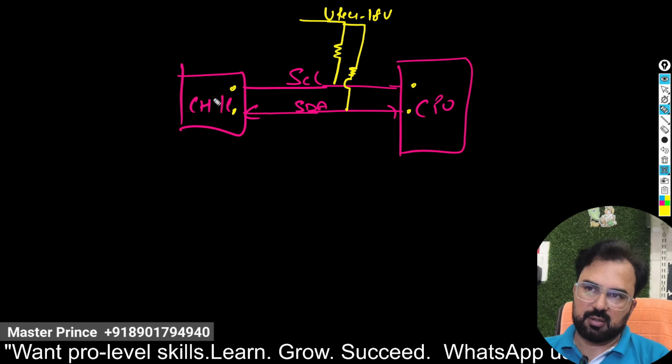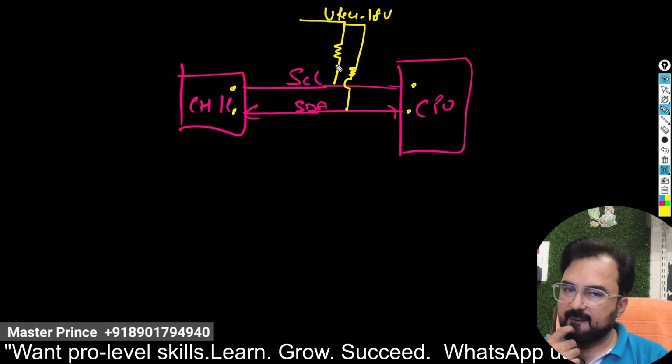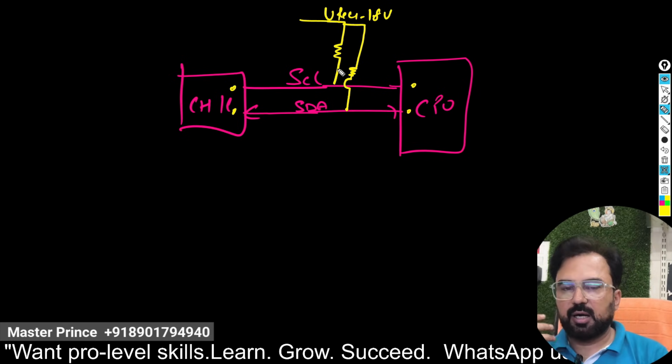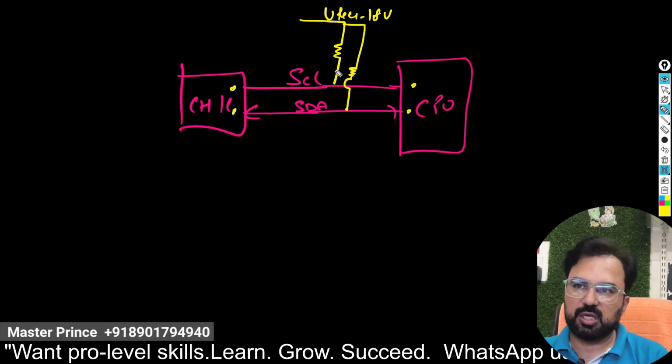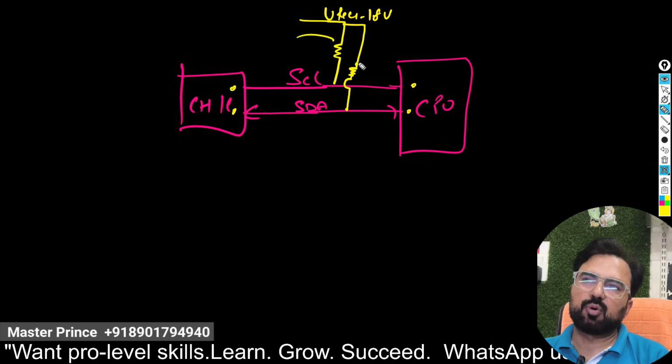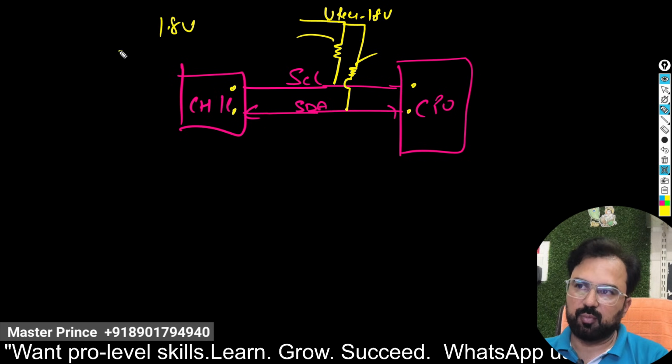Now, how do you check? First you check with the DSO on these resistances, a clock signal, a data signal. But if you do not have a DSO, mostly technicians do not have a DSO, so how do you confirm? First of all, check both resistance locations for 1.8 voltage on both resistances.